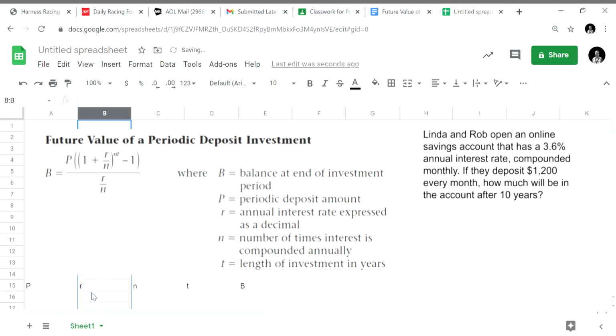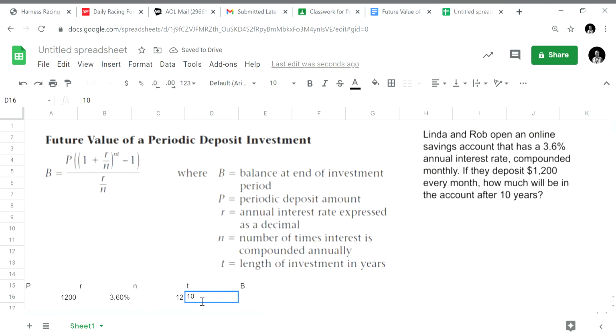So that now when I come down here under the R and I put in 3.6, it'll show up automatically as a percent. Compounded monthly, okay? That means the number of times per year is 12. If they deposit $1,200 every month, okay, that's the amount that goes in for principal, which they're putting in every month, and then it gets compounded monthly. How much will they get after 10 years?